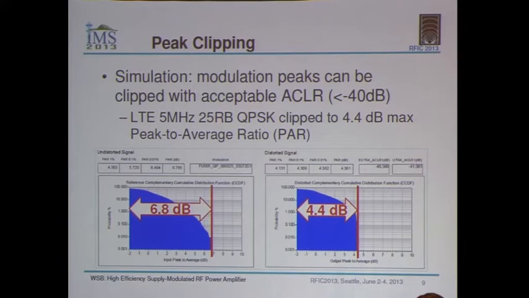Can you go to slide 9? Slide 9, okay. You talk about ACLR as your linearity measure. Can you speak to how this affects the EVM as well? Well, in most of our LTE and wideband CDMA applications in PA designs, traditionally the ACLR is the limiting factor as compared to EVM.